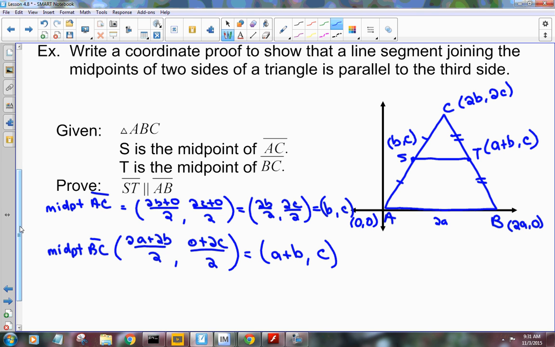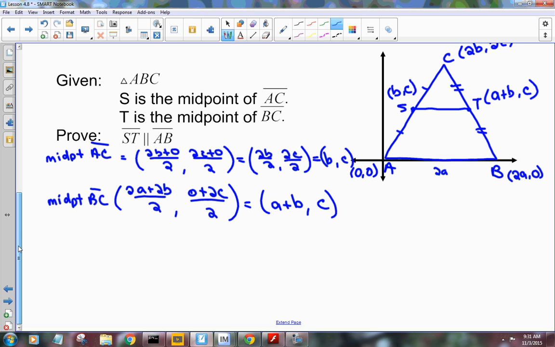Now I need to look at their slopes. I've got my coordinates. Now I need to look at the slope of ST and the slope of AB. So we're going to look at the slope of ST first. And remember, slope is y minus y over x minus x, right?